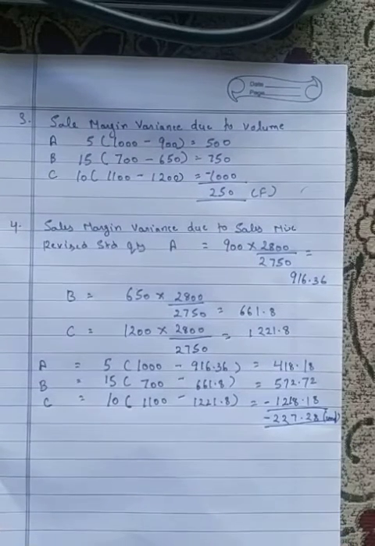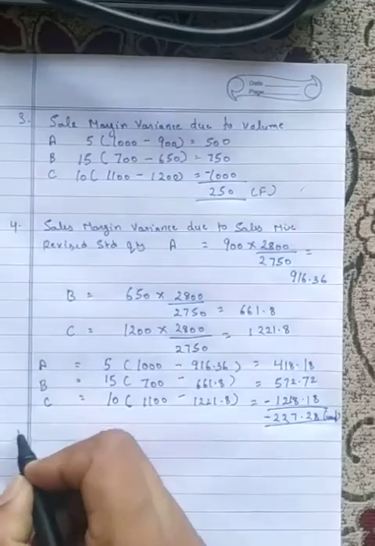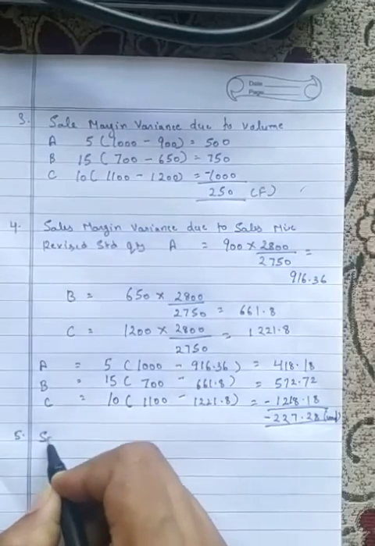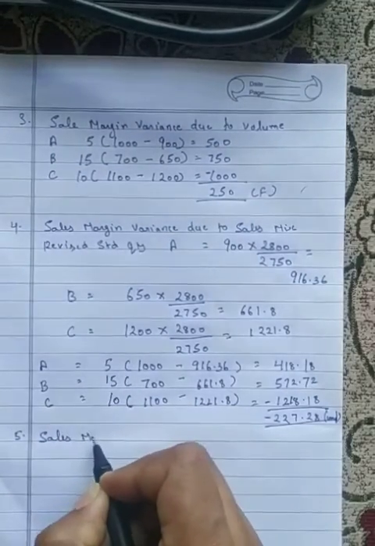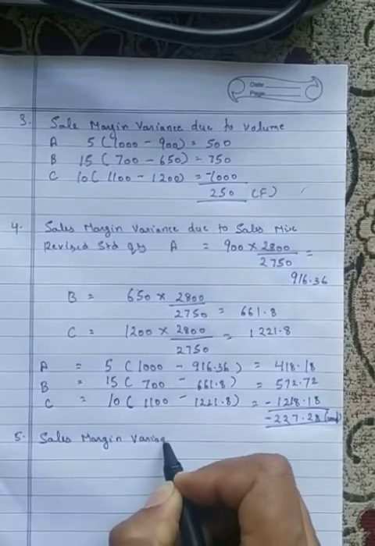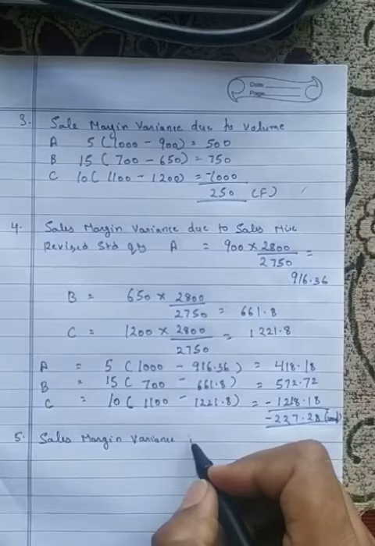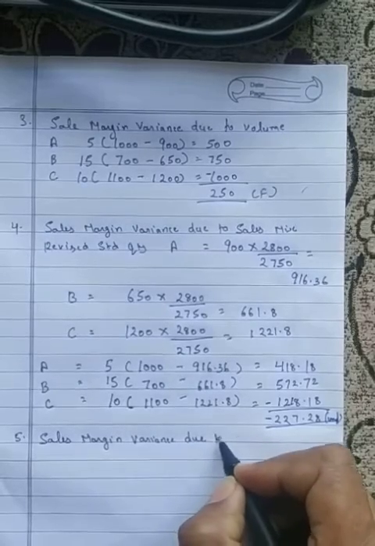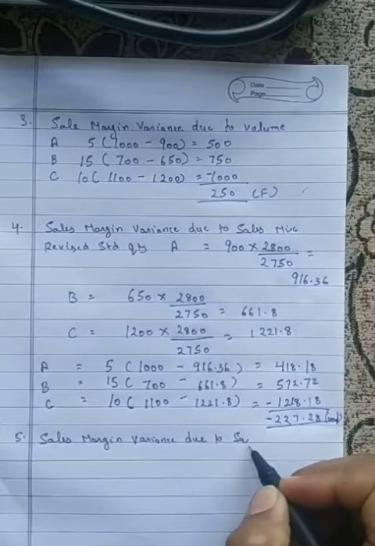Now next our formula is sales margin variance due to sales quantities.